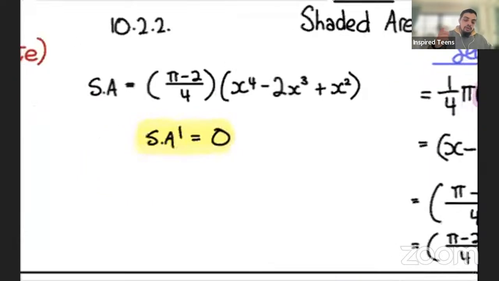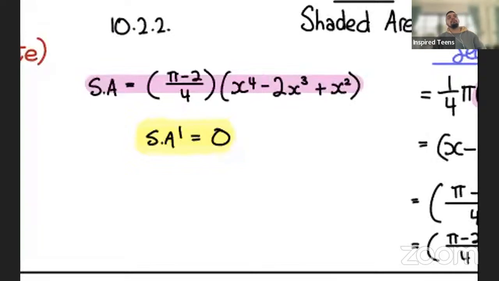But how you can understand it is, this is an equation for the shaded area represented in terms of x. So we need to derive an equation with x and equate it to 0, solve for x, and that gives us the x value for which the shaded region would be a maximum.